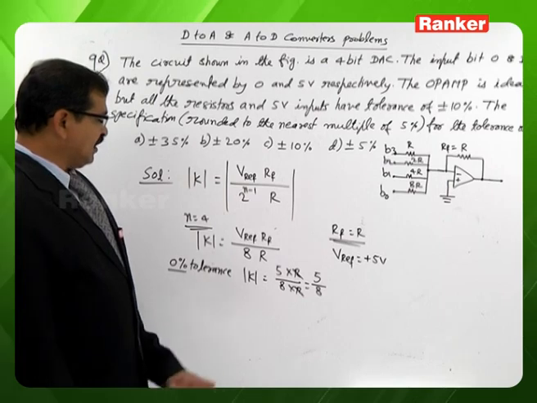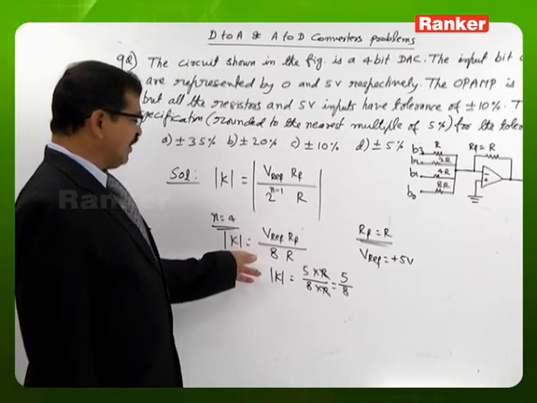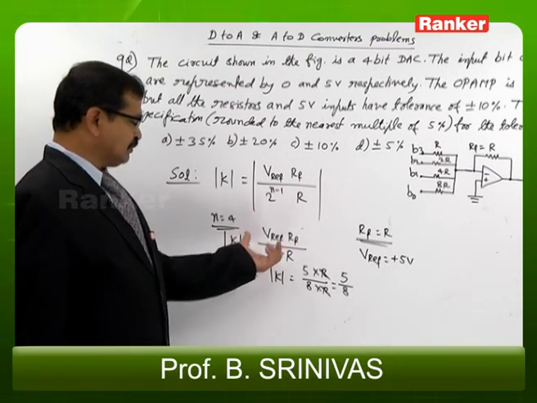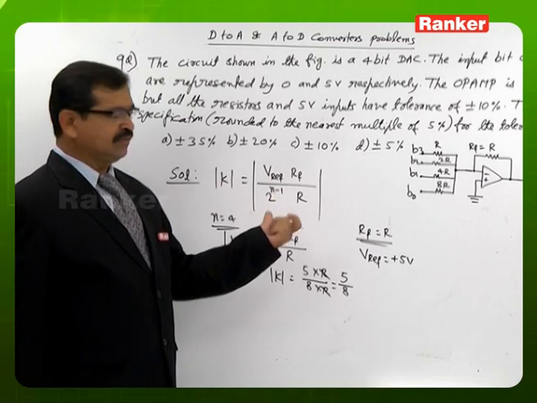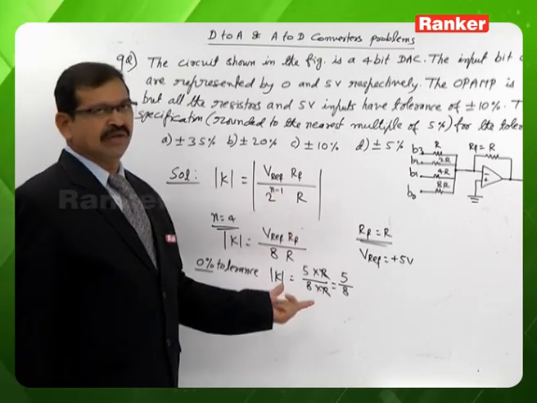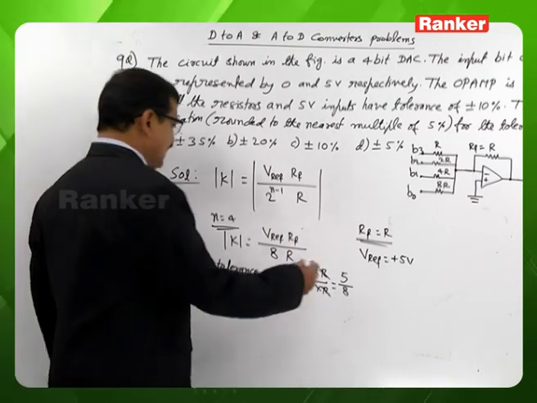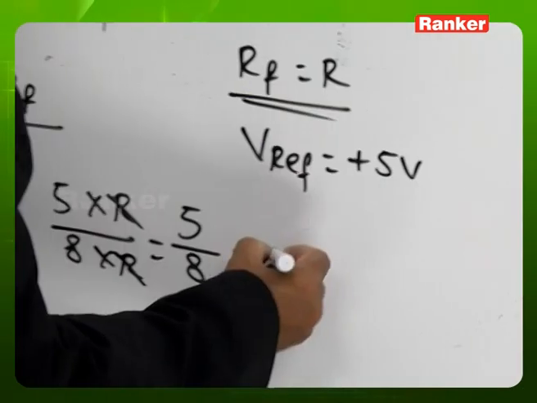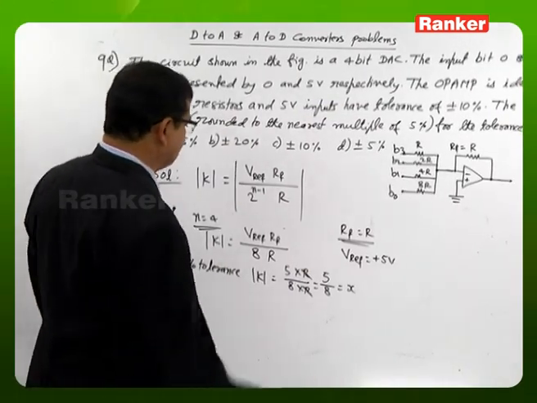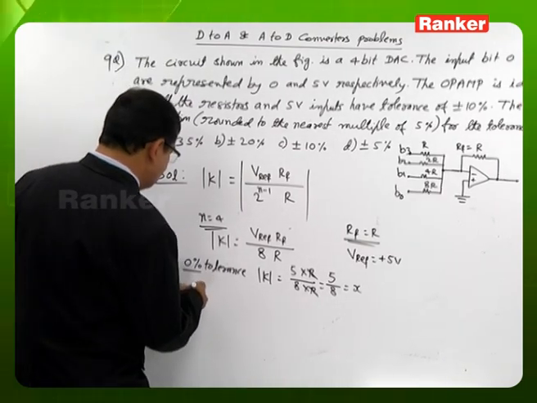One possibility is whenever the K value is coming to be the highest possible value, there is some error, and there is a possibility whenever K is coming to be the lowest possible, corresponding to that, what is the deviation from the exact value. Suppose the exact value is 5 by 8. So we have to look at one case.